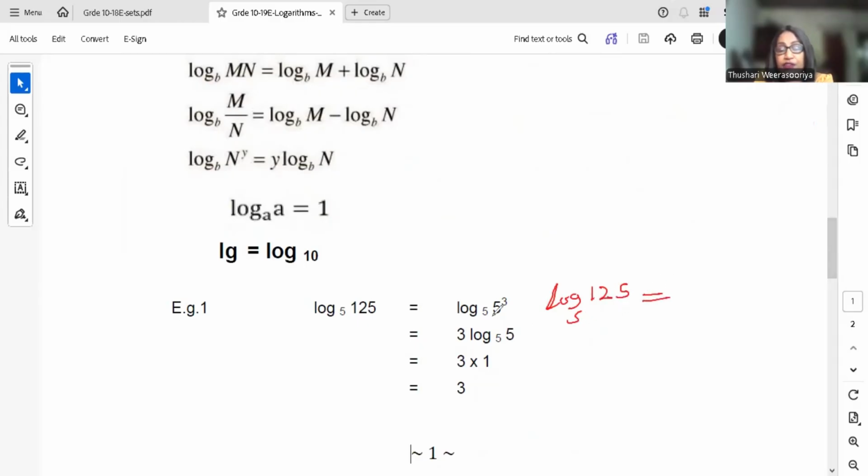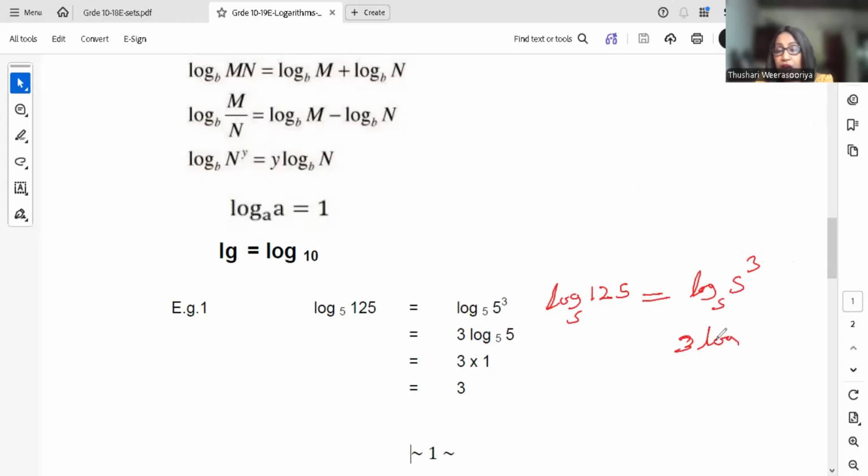Now, how do you simplify this? 125 I can write as 5 to the power 3, index form. Then according to third rule, I can take 3 out.